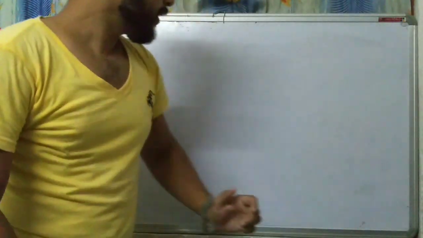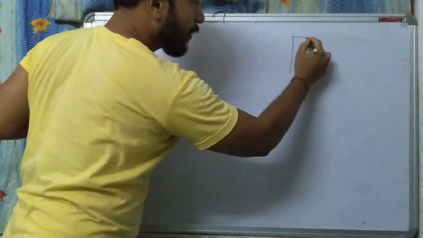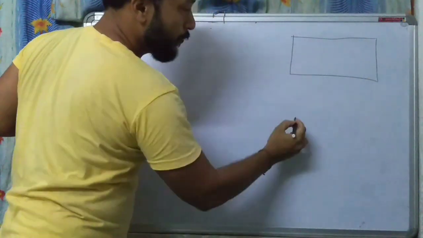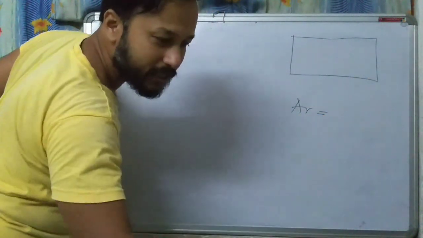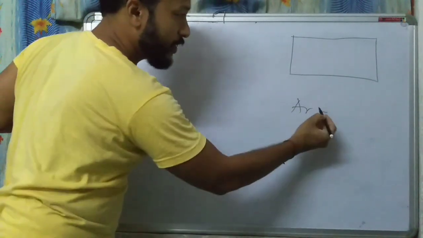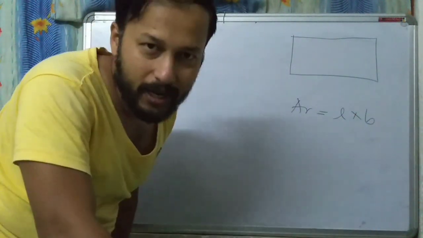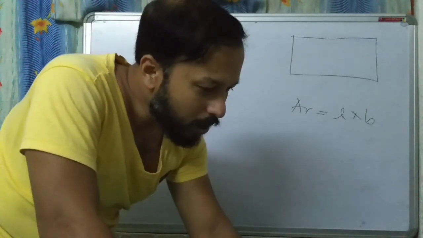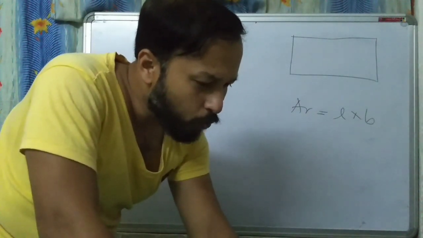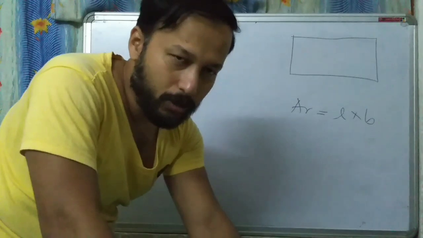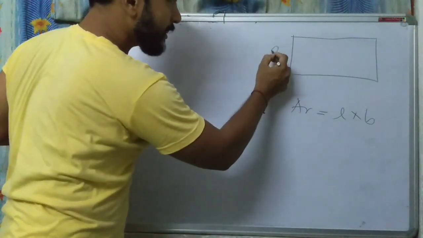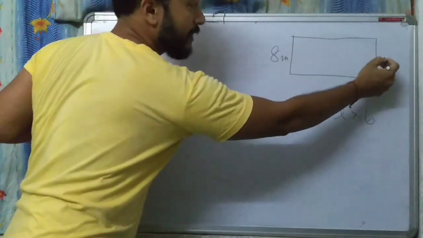Okay, let's draw the rectangle first. This is the rectangle, and we have to find its area. To find the area, we know the formula, length into breadth. Now, one side is 8 meter long. Say this side is 8 meter given.